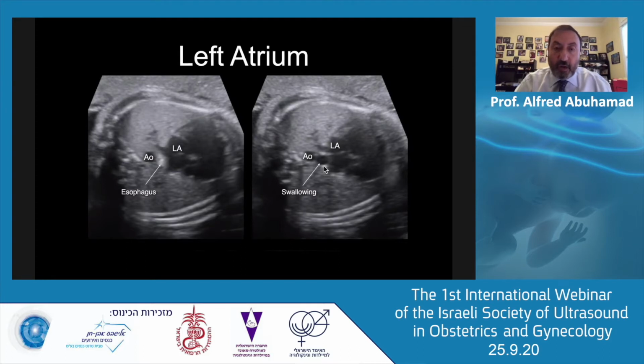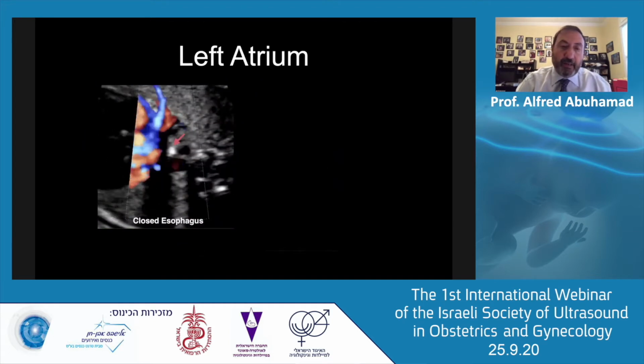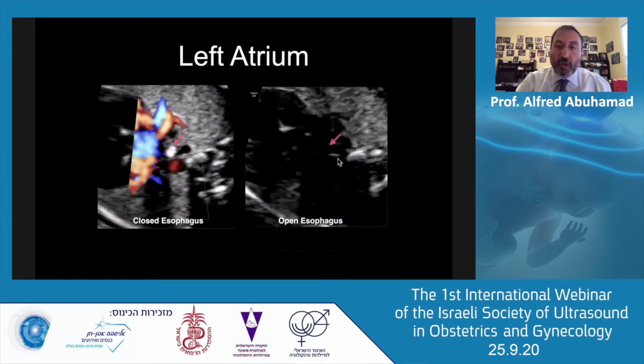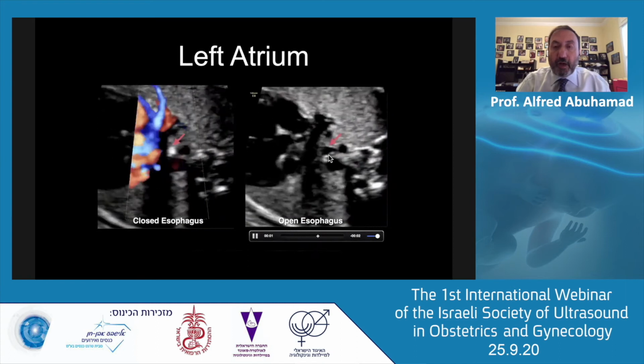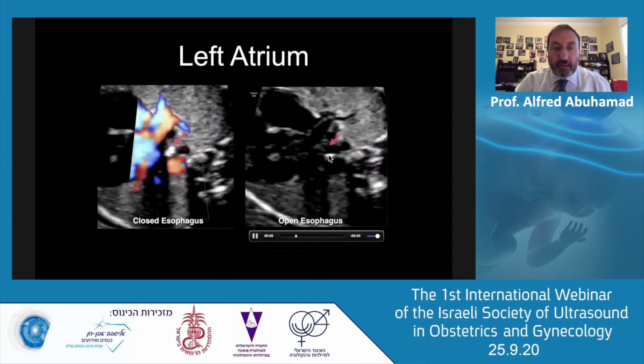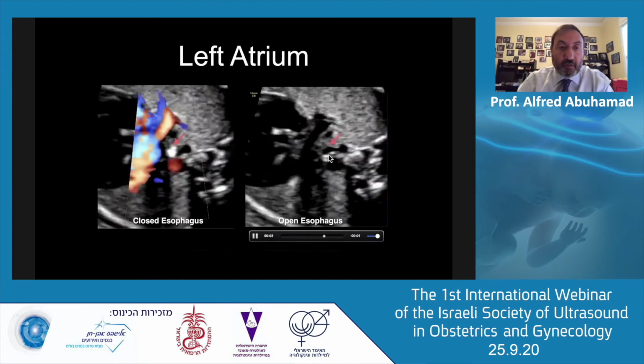So if you watch a little bit carefully, certainly if you put color Doppler, you will know that this is not a vessel. And again, here's the closed esophagus. And here with the fetus swallowing, you see that the esophagus is filled with amniotic fluid for a very short period of time.